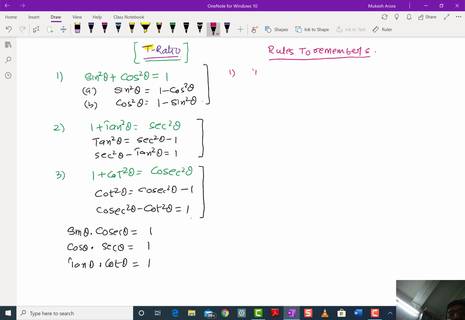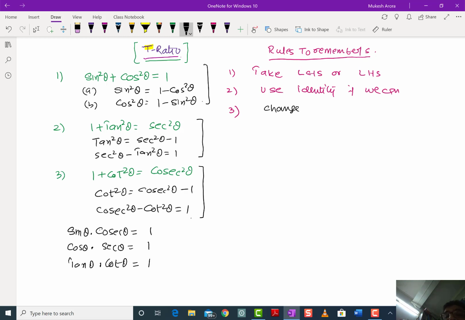First rule is take left hand side or right hand side. Second, use identity if we can. Identities are always in a square. Third is change.